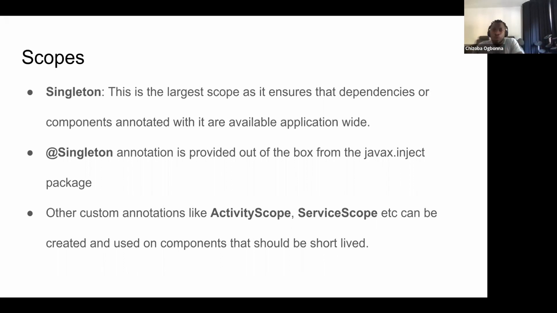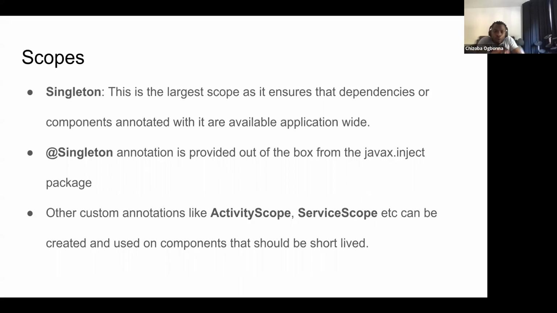Then there are some other scopes, like maybe activity scope or service scope. This activity scope is also just a name. It's not a keyword or something. You can create custom scopes by yourself. Anything that you annotate with that scope, because a scope is always tied to the life cycle of something.